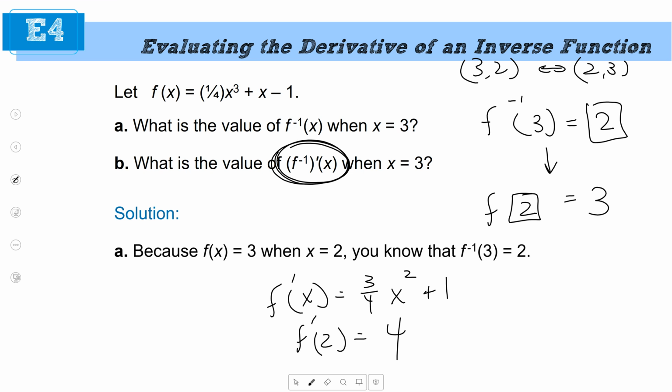The last thing we need to do is flip this over. So f inverse prime of 3 would be equal to 1/4. So first thing you have to recognize is that relationship between 3 and 2 and 2 and 3. Then you take a simple derivative, plug and chug, and the last thing is remember to flip that over.